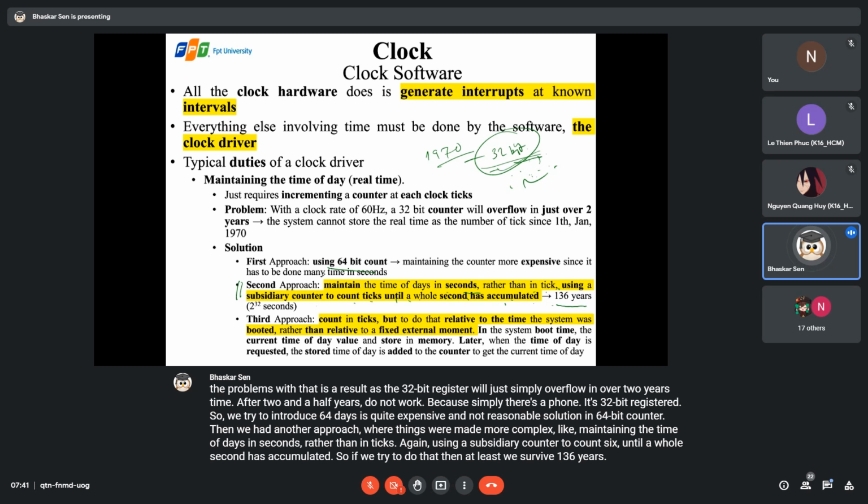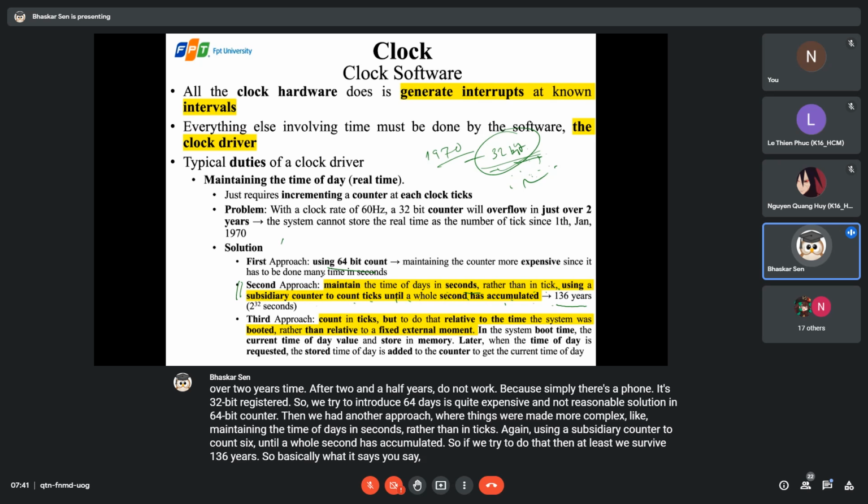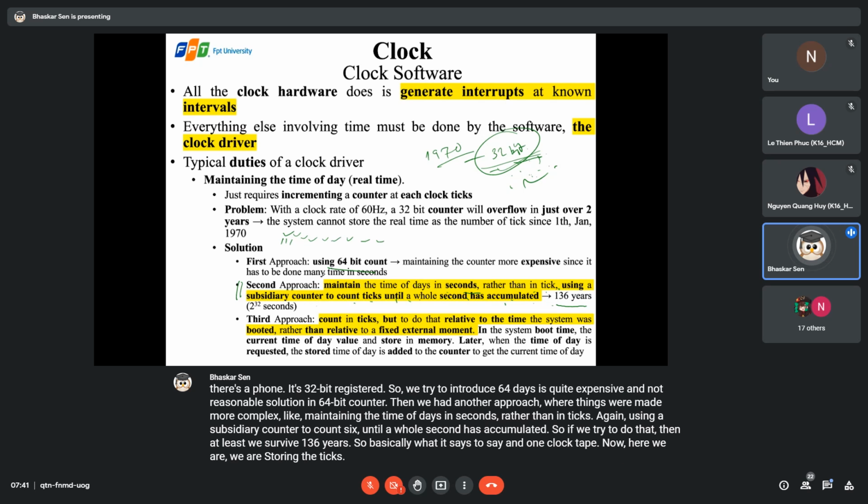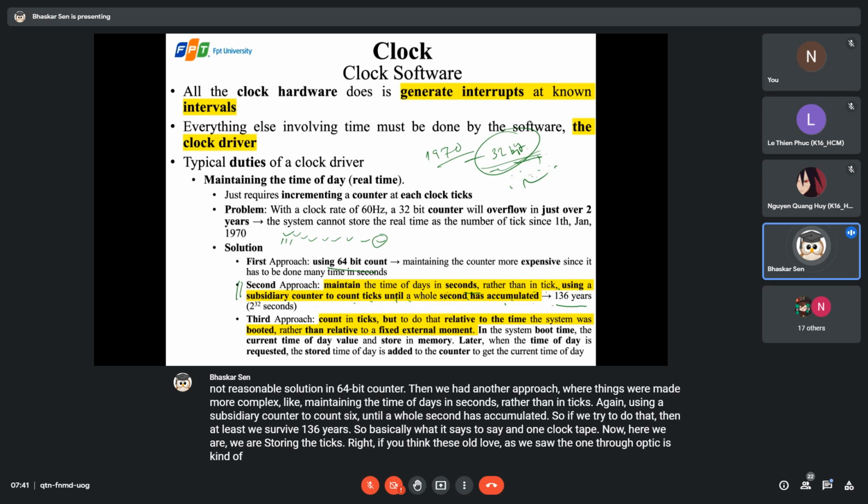So basically, here we are storing the ticks, right? If you think these are all clock ticks, as we saw, one clock tick is about 2 to 8.6 nanoseconds.